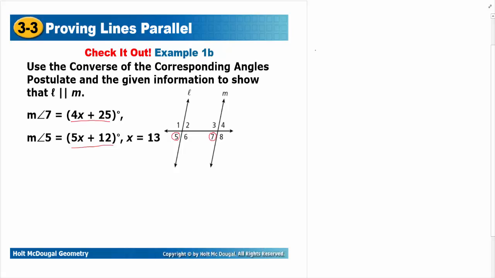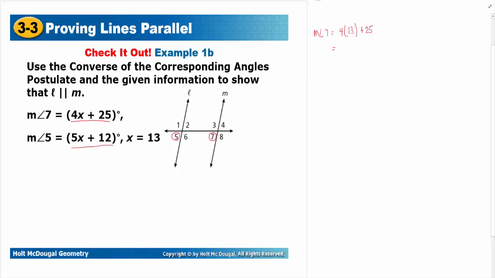The way we would test that is we would say measure of angle 7 is 4 times 13 plus 25, and I'm going to figure out what that equals. Again, 7 and 5, those measures should be equal, so that's what I'm checking. If they're not equal, then L and M aren't parallel.